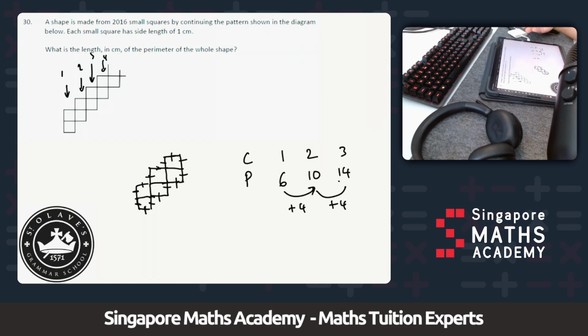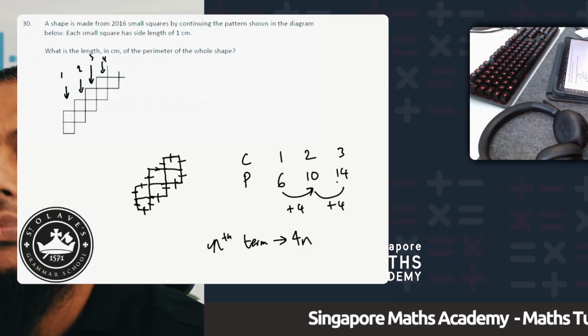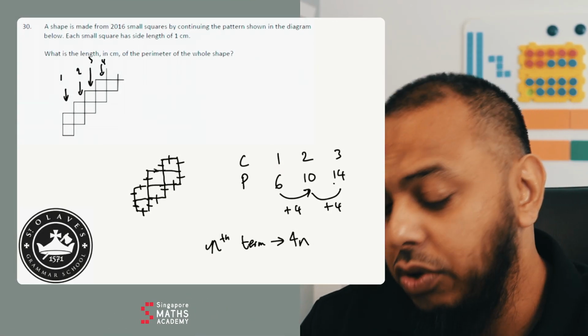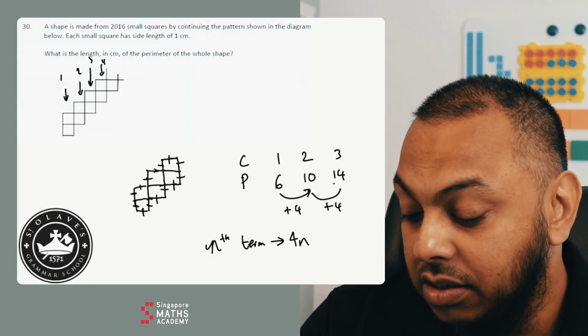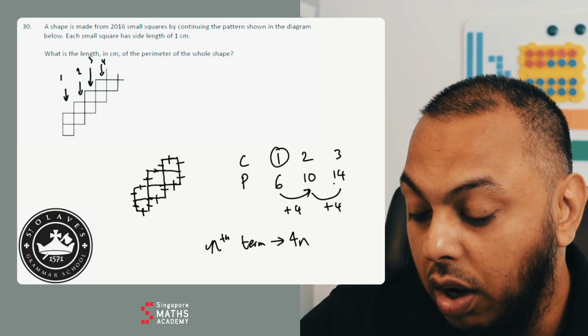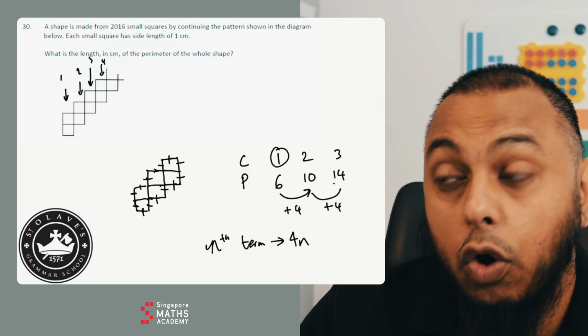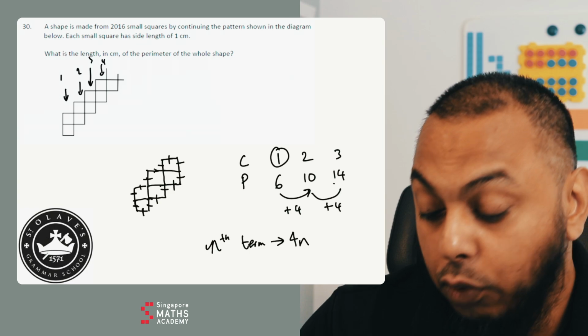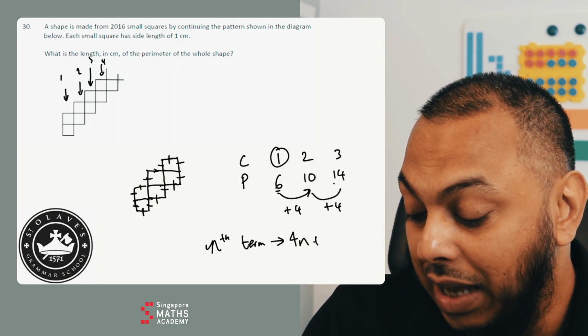Therefore, the nth term for this pattern of 6, 10, 14 is going to be 4n because it goes up in 4s. It's like the 4 times table, so it's going to start off with 4n. There are different ways we can work out what to add or subtract. In this case, if n equals 1, where n represents the column number, 4 times 1 is 4, but the perimeter is 6, so I have to add 2.